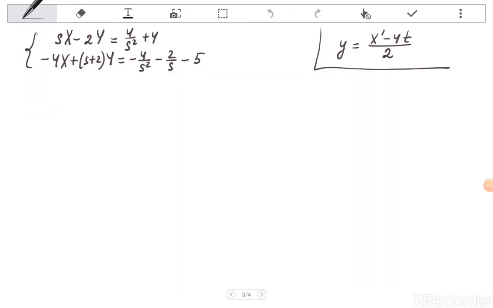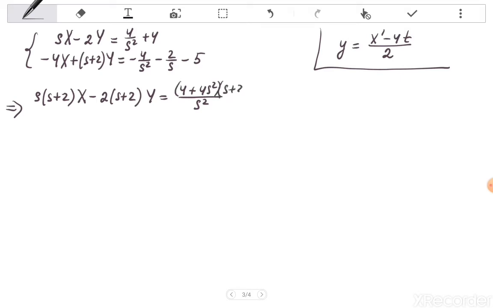So what can we do? We can eliminate Y from the system. Let's multiply the first equation by s plus 2, giving minus 2(s plus 2)Y on the left. And here let's maybe find the common denominator, just to write it simpler.